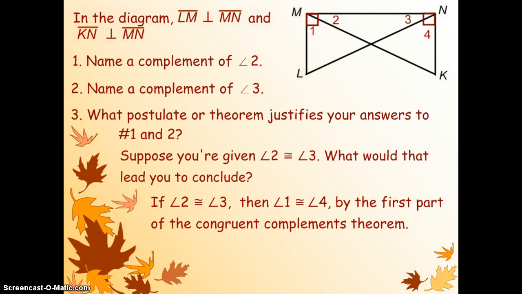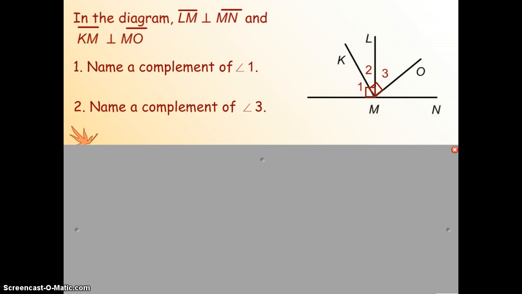If angle 2 is congruent to angle 3, then angle 1 is congruent to angle 4 by the first part of the congruent complements theorem, which says if two angles, 1 and 4, are complements of congruent angles, 2 and 3, then those two angles must be congruent. 1 is complementary to 2, 4 is complementary to 3, 2 and 3 are congruent, therefore 1 and 4 are congruent.